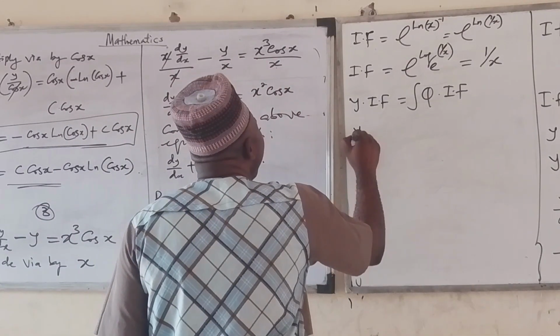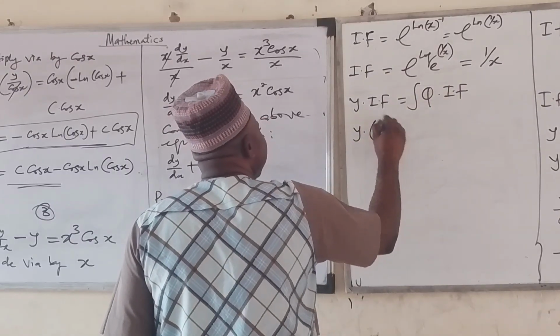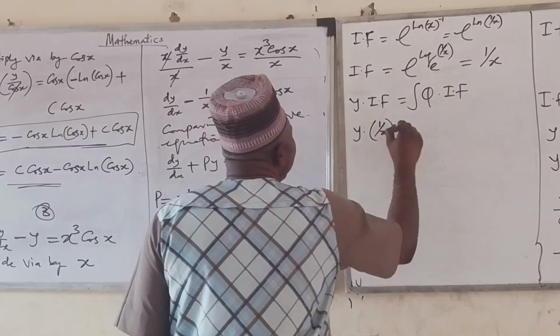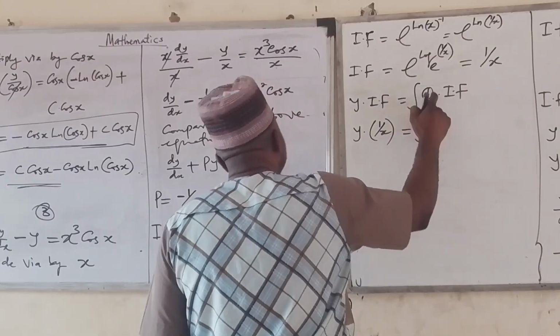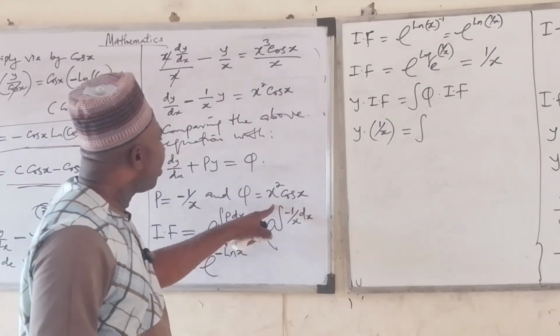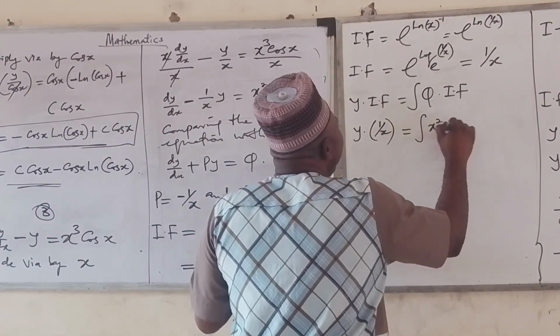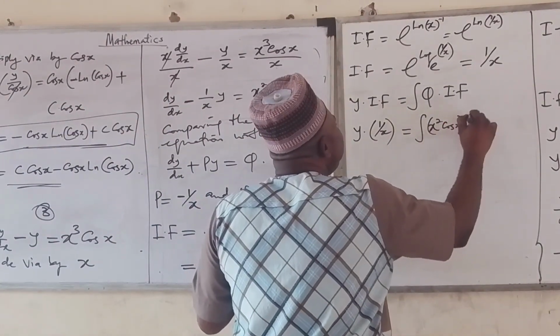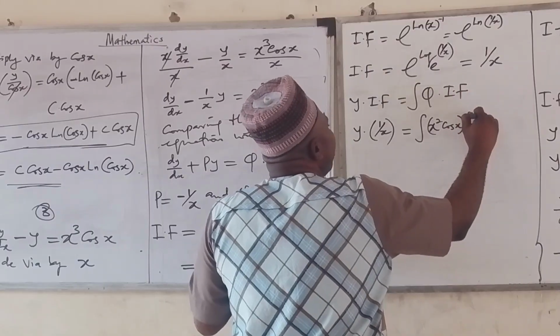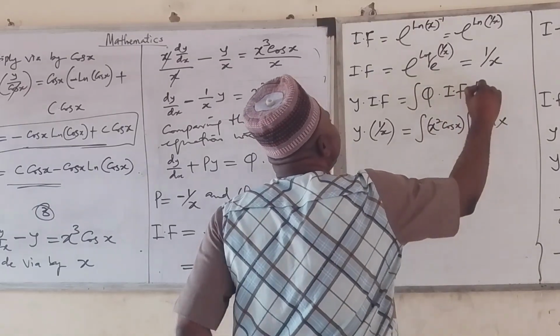So here we have y times 1 all over x, the integrating factor, equal to integral of q, which we said is x squared cos x, times the integrating factor, which is 1 all over x.